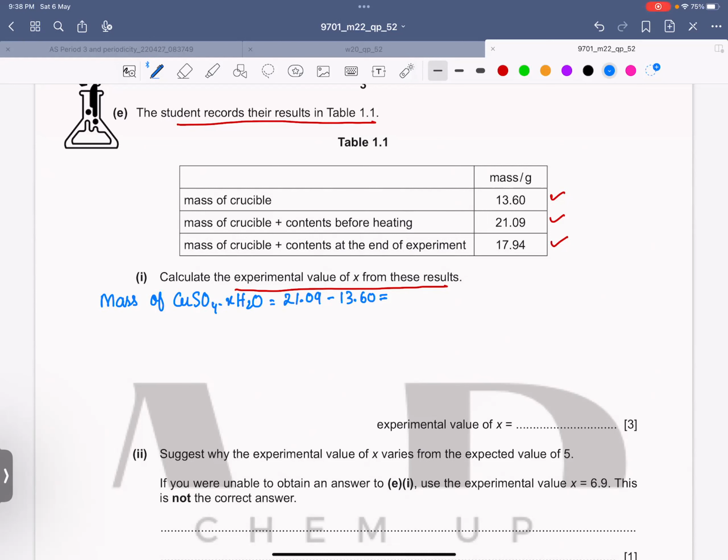Yes, can anybody tell me the answer? 7.49. Okay.